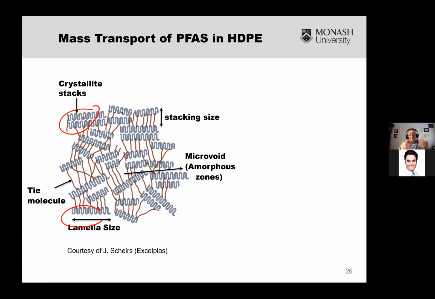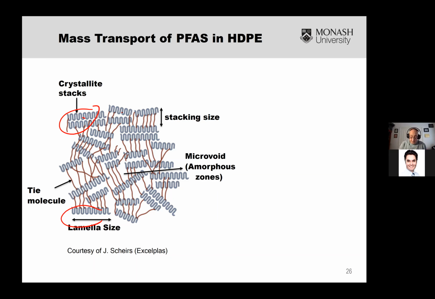So the diffusion process in these amorphous areas is relatively high due to their free volume. It will decrease with an increase in the degree of crystallization and cross-linking. That's why, for example, we see more diffusion taking place in LLDPE, because it has a lower degree of crystallization compared to HDPE.